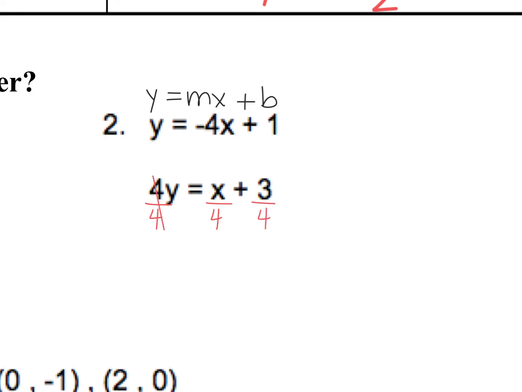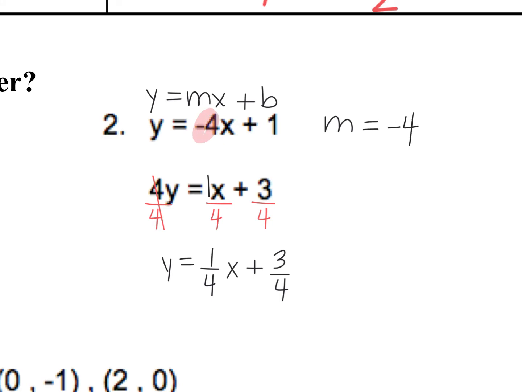So that goes away. What number is in front of x right now? 1, and so we'll put a 1 there. So y equals 1/4 x plus 3/4. Okay. So we know the first equation has a slope of -4. That was y equals mx plus b.